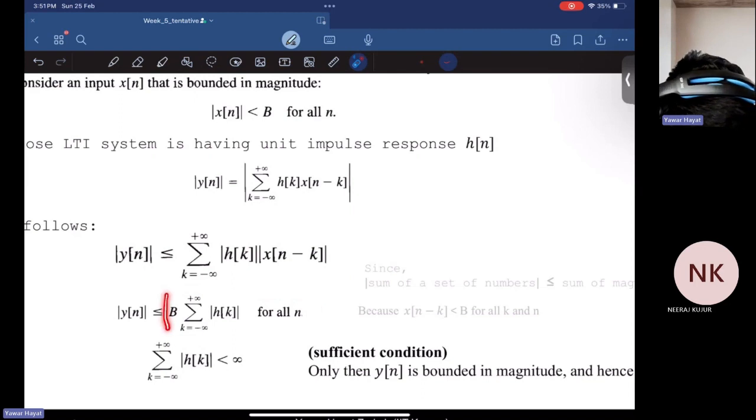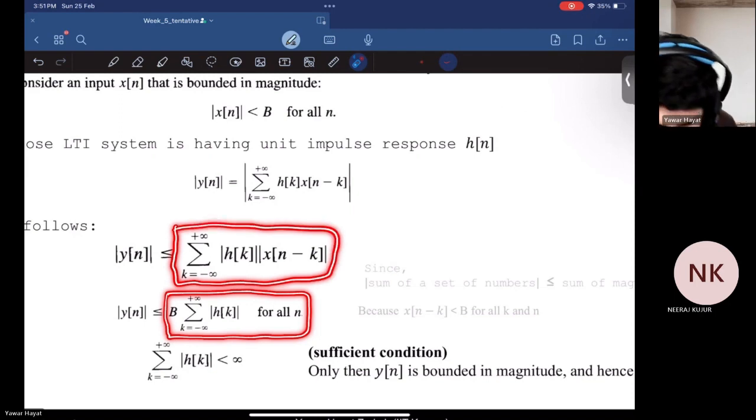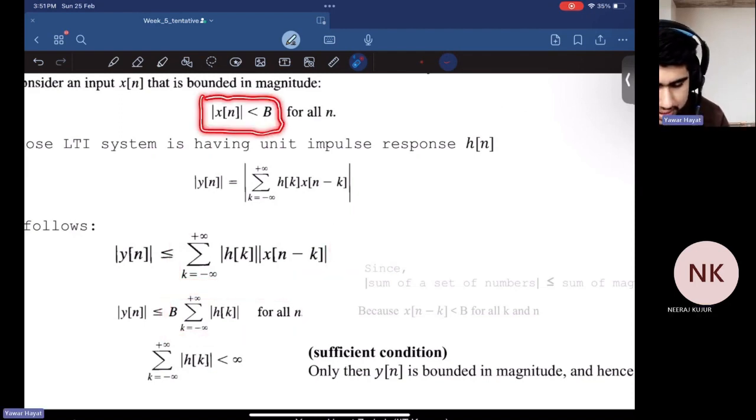I'm saying this particular quantity is greater than this, because b is greater than the magnitude of the signal. So I can readily use this greater-or-equal inequality.